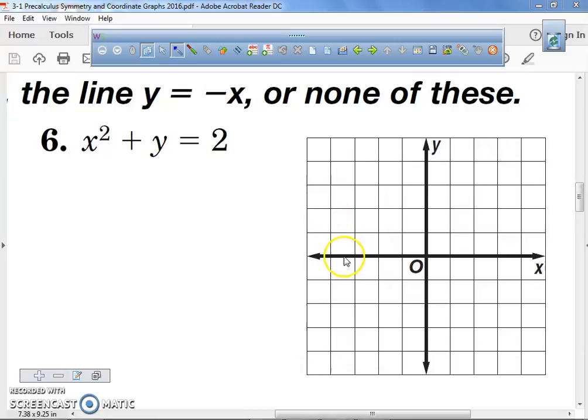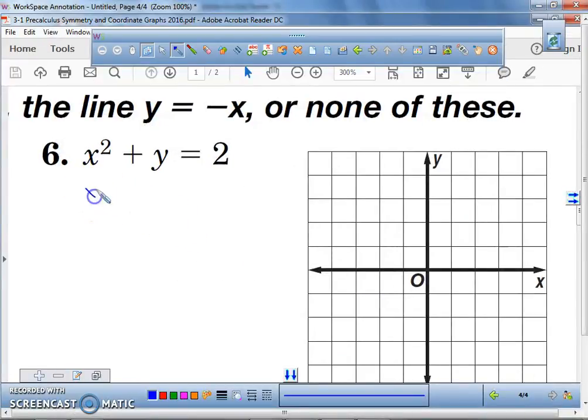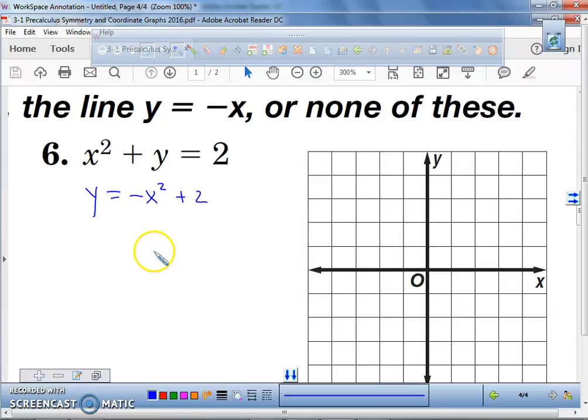Number 6, just so you know, the equation for number 6 is y equals negative x squared plus 2. You have to take this x squared and move it across. Basically you subtract x squared from both sides.